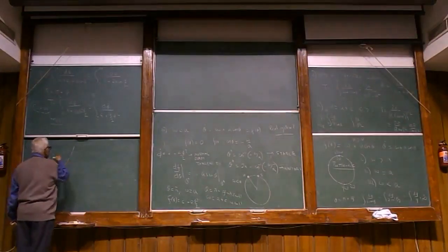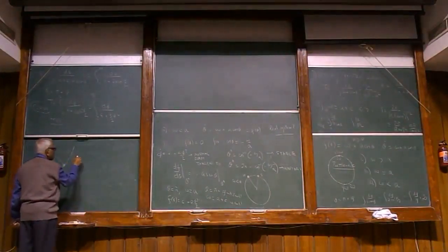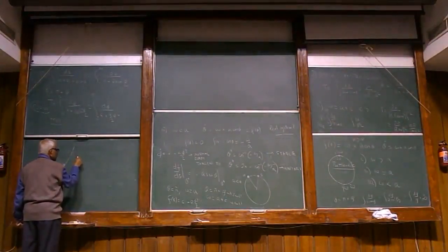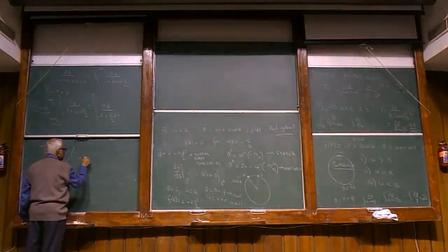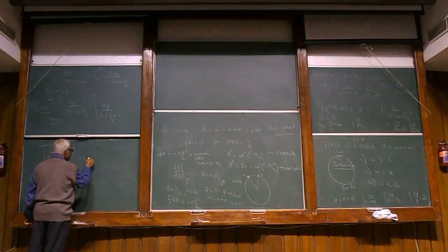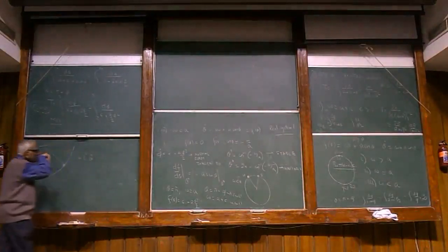So you take the torque of this, and the rate of change of angular momentum equals the torque. So m times L square theta double dot.